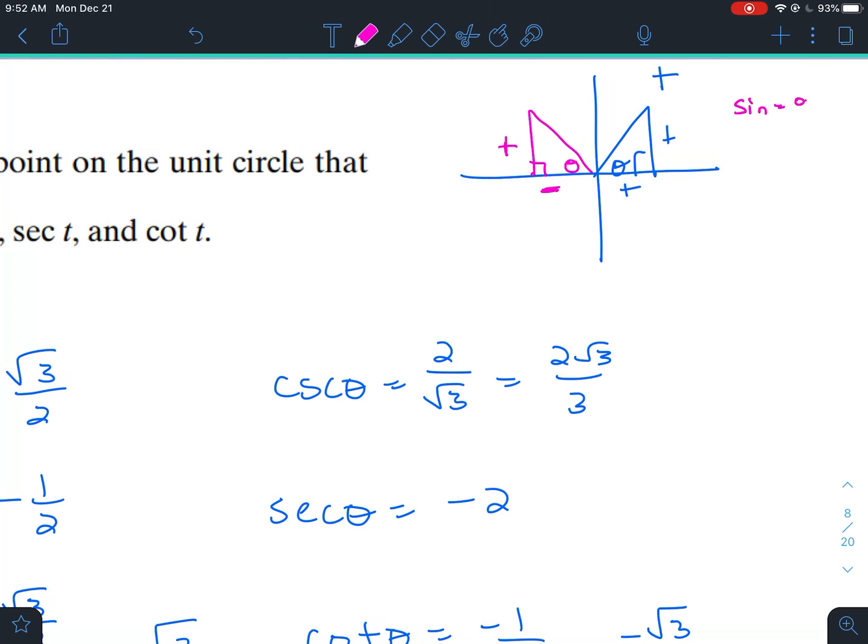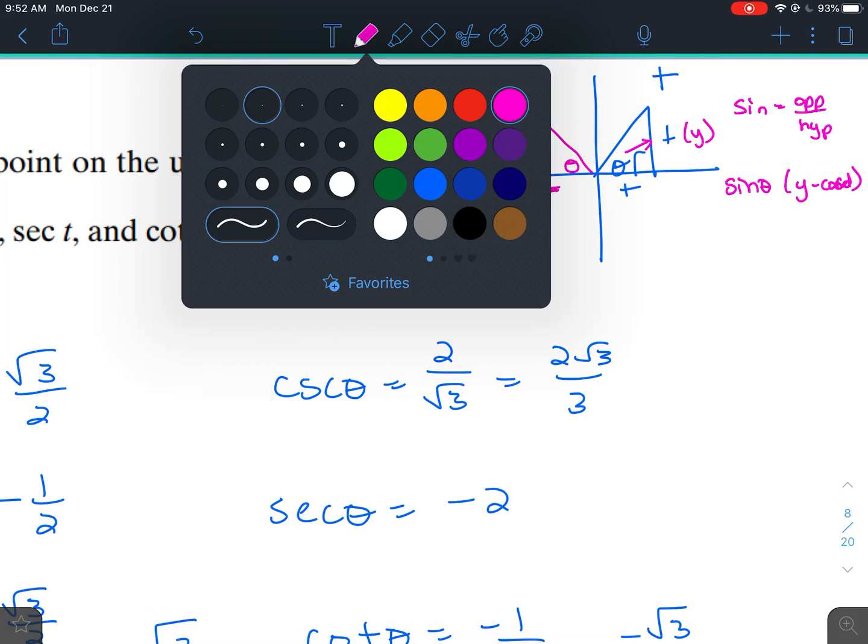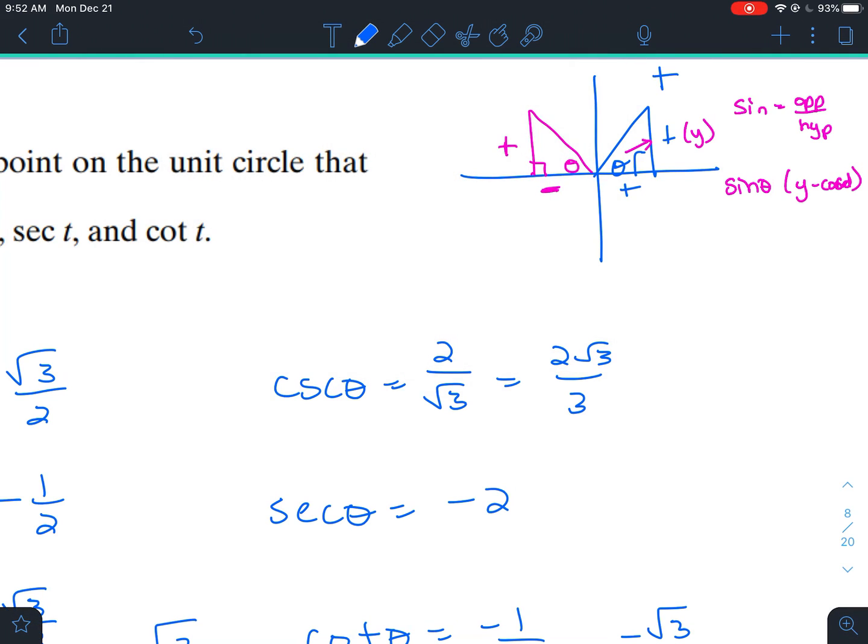Sine is the opposite side over the hypotenuse. The hypotenuse is always going to be positive because it's the radius of your circle. The opposite side in your triangles depends on the y-coordinate. So sine of your angle depends on the y-coordinate, and whether the y is positive or negative is going to determine whether sine is positive or negative.